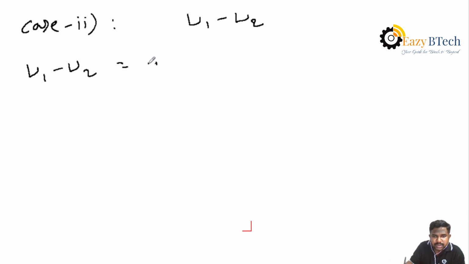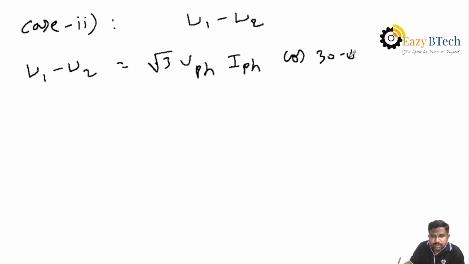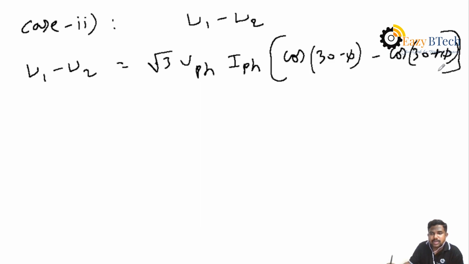Then the common term here is root 3 VPH IPH, cos of 30 minus 5 minus cos of 30 plus 5. You will consider W1 minus W2. What is the bracket term here? Cos of A minus B minus cos of A plus B. You have to find the difference; you will get 2 sin A sin B.